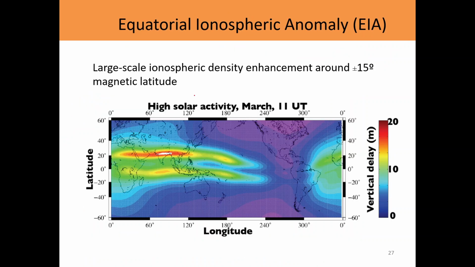So when you plot this type of electron density plot, you always see this enhancement around 15 to 20 degrees in the northern and southern hemisphere. But there's an asymmetry between the northern and southern hemisphere, so sometimes people study this as well.